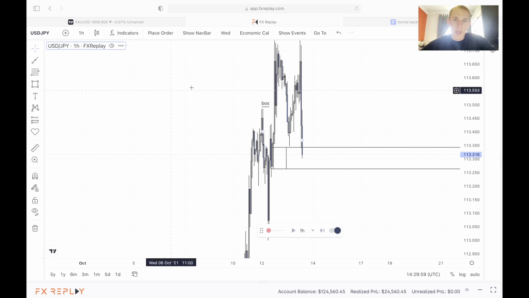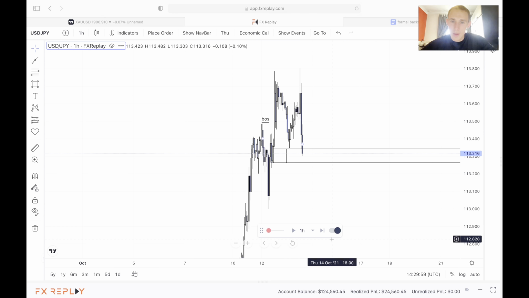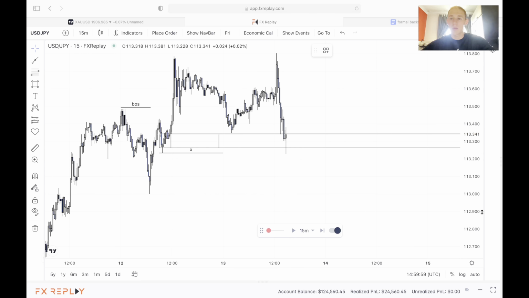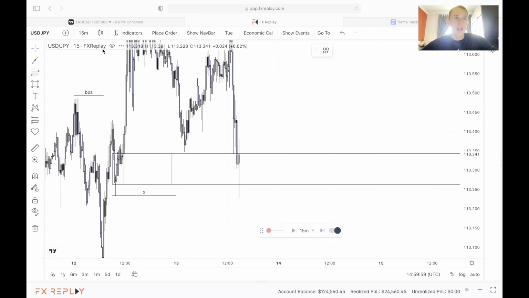So the inducement was taken out. Let's see if price can now give us that reaction. We also swept the last liquidity within the range, which was this. Last liquidity in the range, I mean, like from this low to this high, these people here were the earliest people buying within the range. So price pulls back, takes them out, and then after you see this, price will normally continue its uptrend.